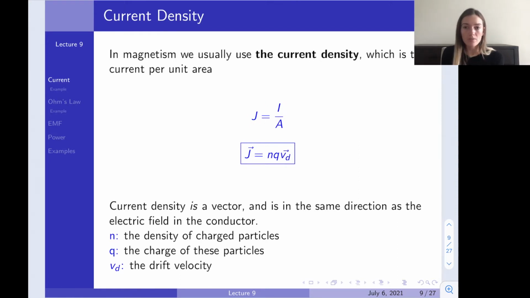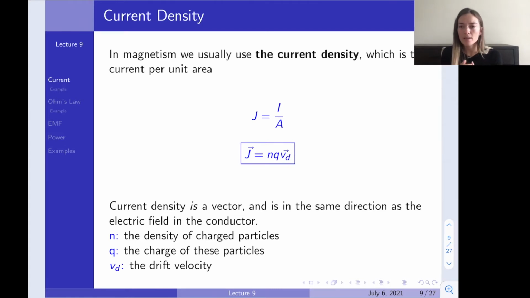And then if we want to put a vector on it, we can just keep all of our signs in our previous equation. So we can have the number density, then you multiply by the charge of the carrier, whether they're positive or negative, and then the actual drift velocity of those charges. And that will give you a true vector formula for the current density.